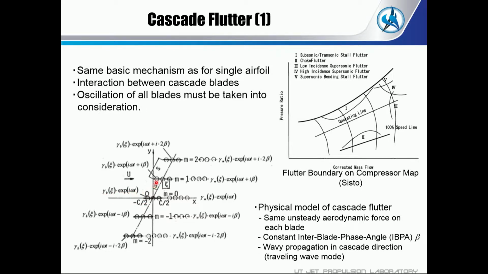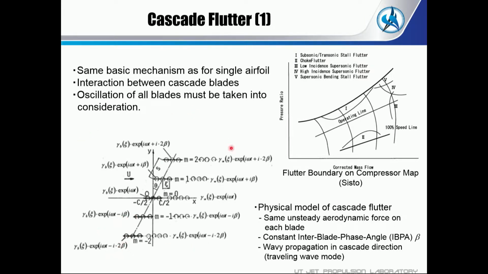The next blade has the same configuration of the gamma vorticity, but it has a phase difference from this one. This interblade phase angle is beta, called the interblade phase angle. The second blade has a 2 beta phase difference, and on the other side minus beta and minus 2 beta.